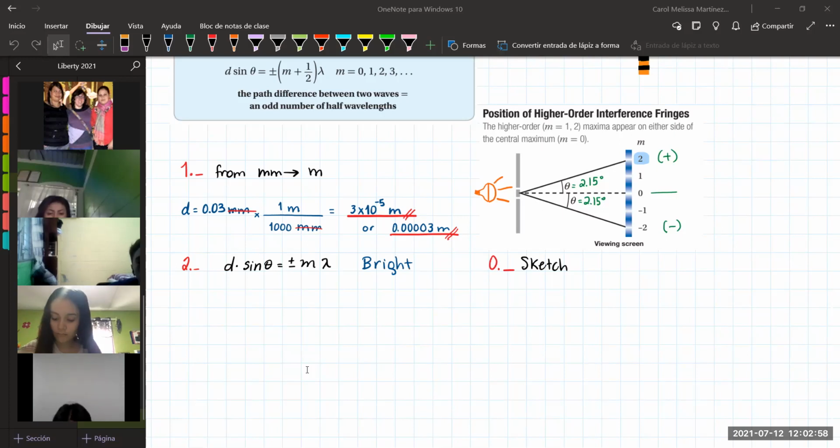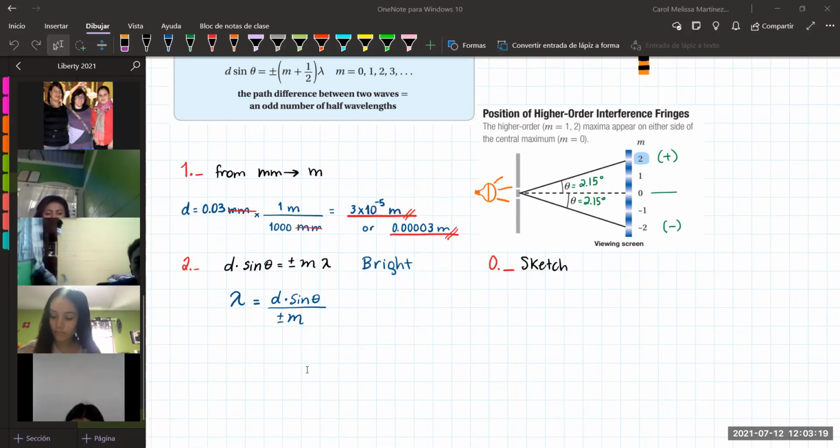We will isolate for the wavelength, which is what the problem is actually asking you to find. So the equation already isolated for wavelength is this one.